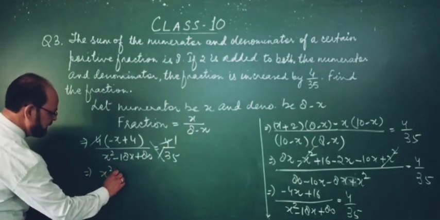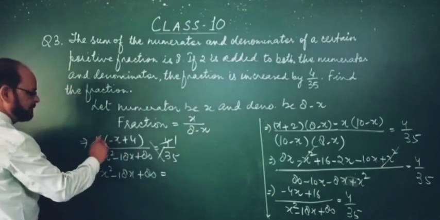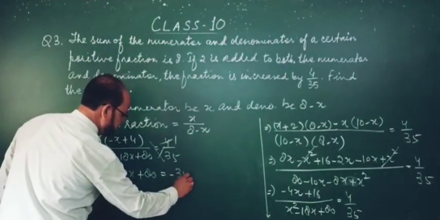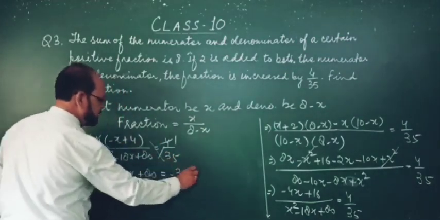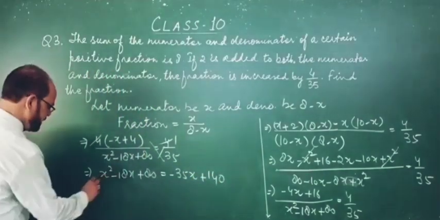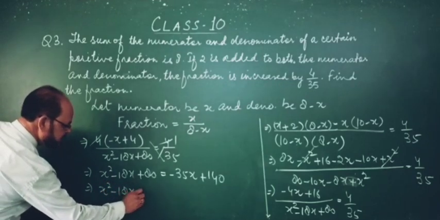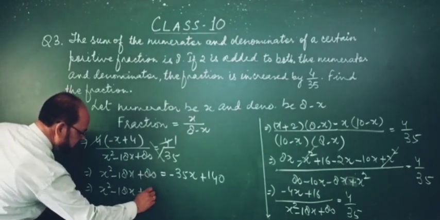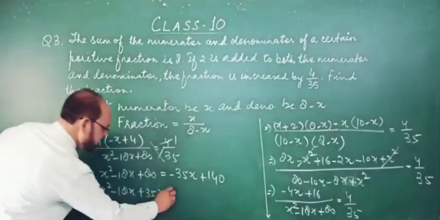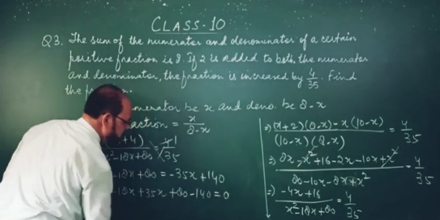So it will be x square minus 18x plus 80 equals 35 into negative x plus 4, that is negative 35x, and 35 fours are 140. After that you will bring all the terms to this side: x square minus 18x plus 35x plus 80 minus 140 equals 0.